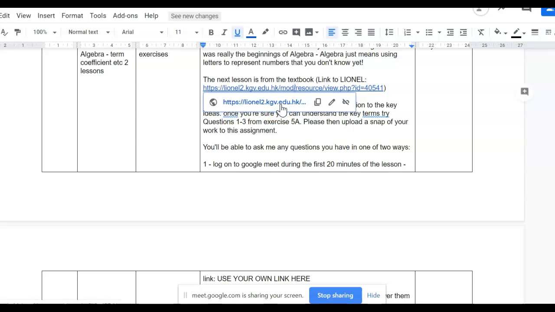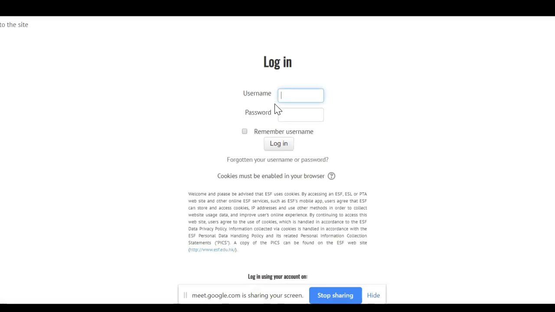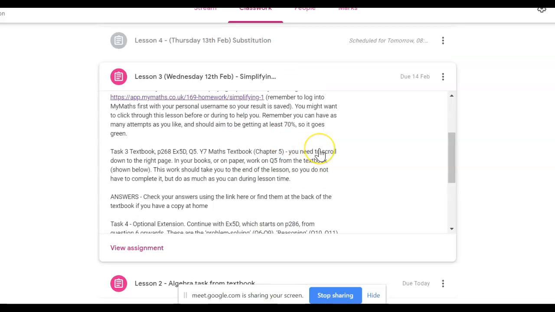I'll just show you that. This might be an issue because the login doesn't seem to be working for me this morning. I'll just try one last time, but I think it's going to tell me it's invalid. Yeah. All right. So I'll put that link for you, and you guys should be able to access the textbook even if I can't. And scroll down to question 5.